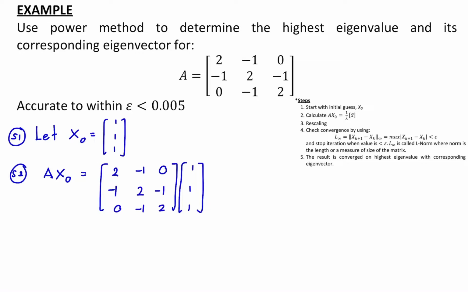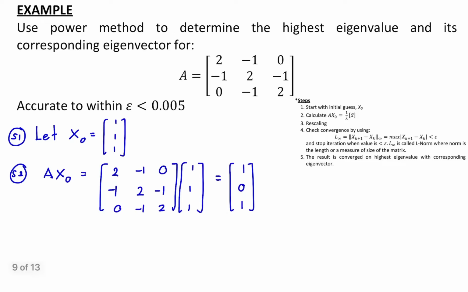If you are still weak in multiplication of matrices, please do some revision on this. I'm not going to explain anything here. We obtain the values 1, 0, 1, so we obtain a 3 by 1 matrix.